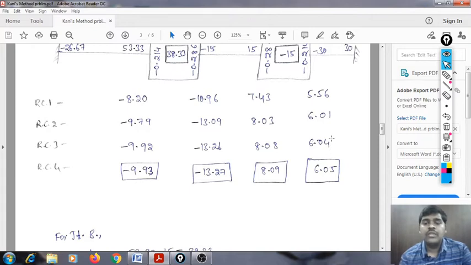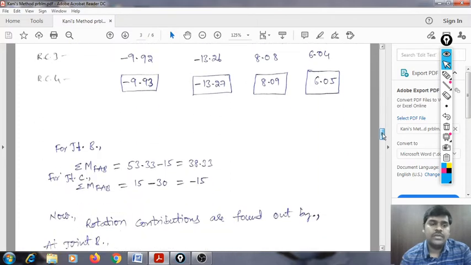So when you look at the difference between these numbers, the rotation contributions, we have the difference as 0.01 and 0.01 here, in the same manner 0.01 and 0.01. That is considered a negligible value, and we can consider these four highlighted rotation contributions for calculating the final moments.